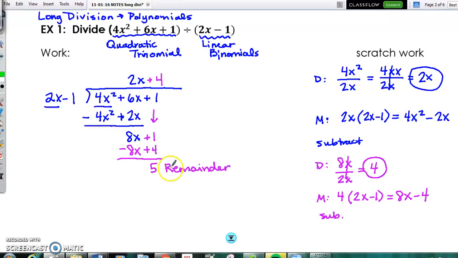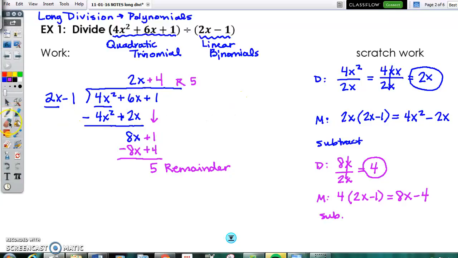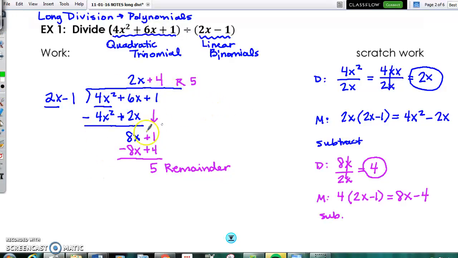And we've got a couple of things you could do with the remainder, and it really depends on the question, how it's being asked, and what they want you to do. One option would be just to write the remainder is 5. Another option would be to write out that answer, 2x plus 4. So we would say this equals 2x plus 4.